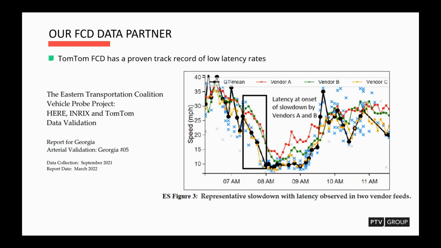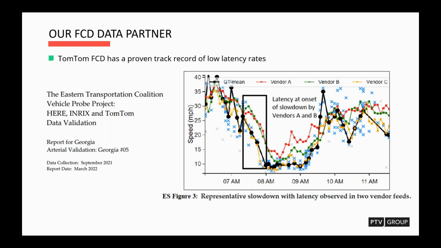The Eastern Transportation Coalition put together a probe project in which they analyzed 3 FCD data suppliers and wanted to test their latency rates. You'll see here in this image on the right, this is one such instance in which they did multiple, of course, but this particular one I have displayed here. TomTom is, of course, vendor C, so keep an eye on that orange yellow line there.